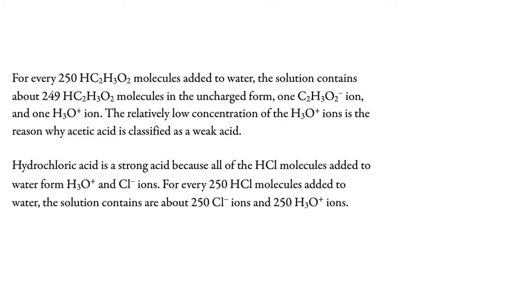Hydrochloric acid is a strong acid because all of the HCl molecules added to water form H3O+ and Cl- ions. For every 250 HCl molecules added to water, the solution contains about 250 Cl- ions and 250 H3O+ ions.